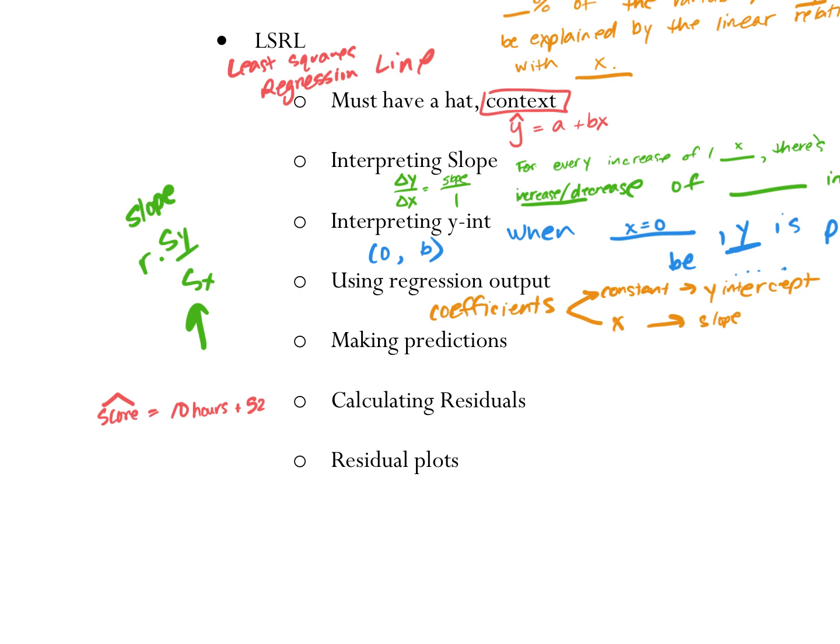If I then asked you, okay, someone studied for 1.5 hours, can we turn that into what is their predicted test score? What would you do? You would plug 1.5 in for the hours. And you get 67.